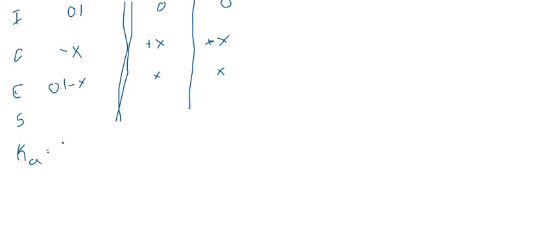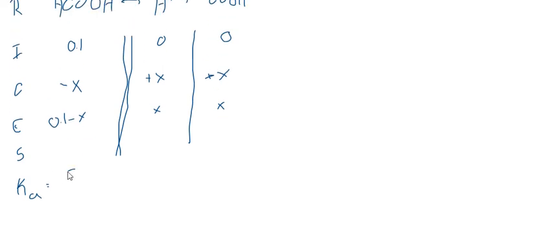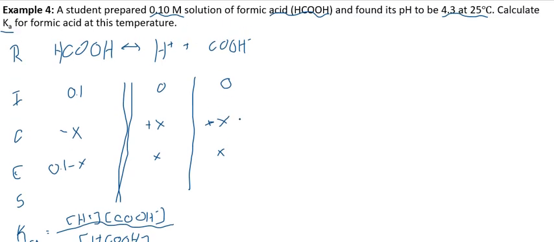Ka is equal to our concentration of H+ over our concentration of COOH-, all over our concentration of HCOOH. So I need to know what these things are equal to. I need to figure out what x is, and fortunately there's a way that I can do that.